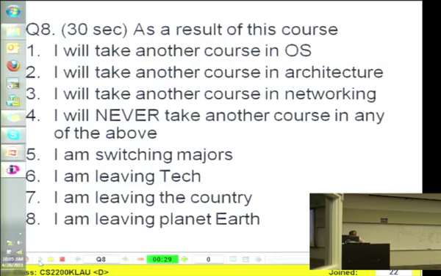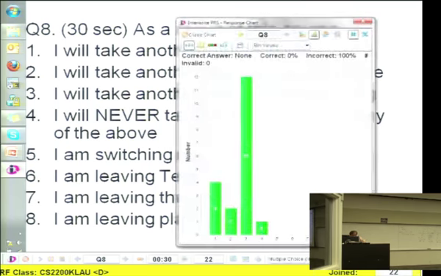So here is the real proof of the pudding. All right, so there are 3 people leaving planet Earth.